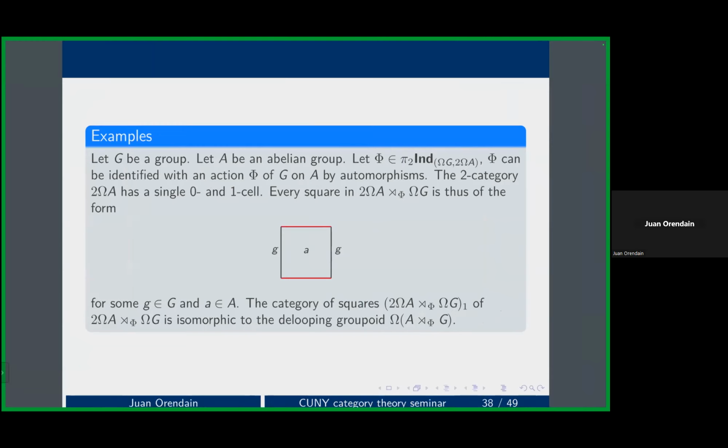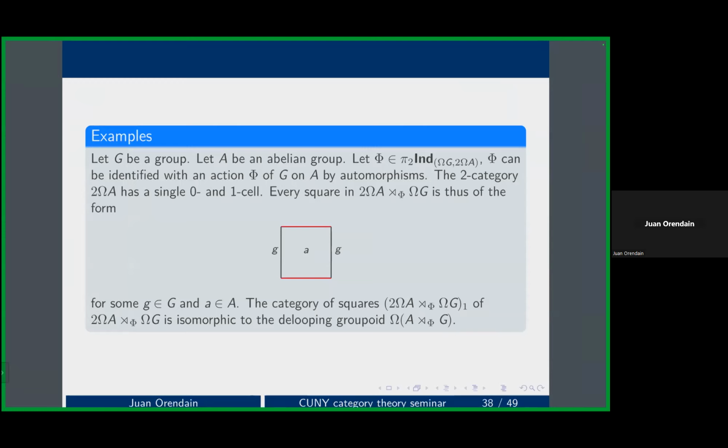Then for the bicategory, the cross product of omega A comma omega G by phi, you can write things down and you can see that you can identify every square in that double category with a square like this.